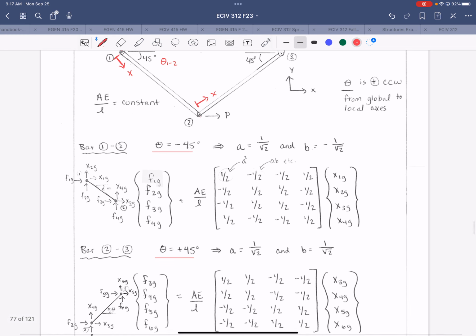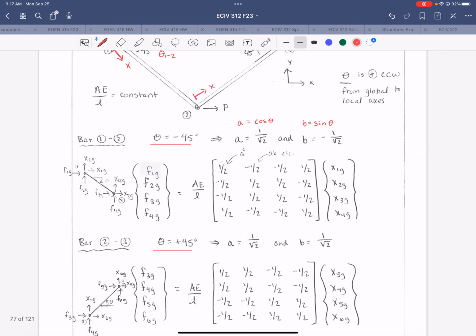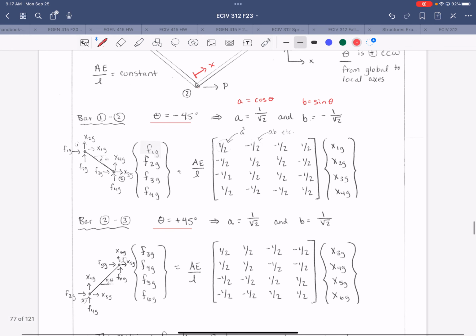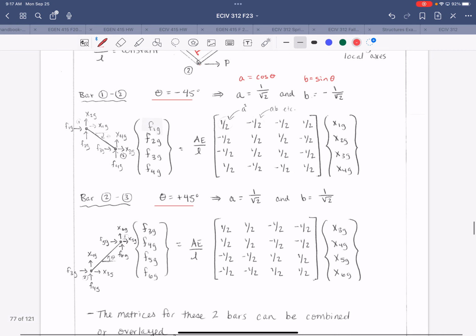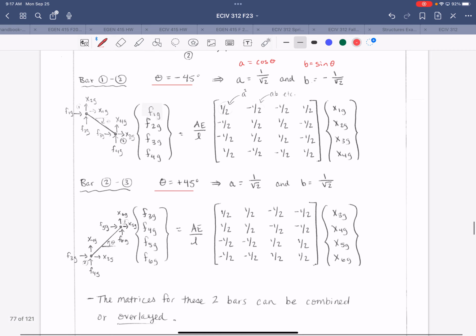Remember, A was equal to cosine theta and B equal to sine theta. When you have 45-degree angles, it makes things easy, and it's easy to forget which one was which, but I'll write it down there for your notes. So this here is your kg for element 1, 2.